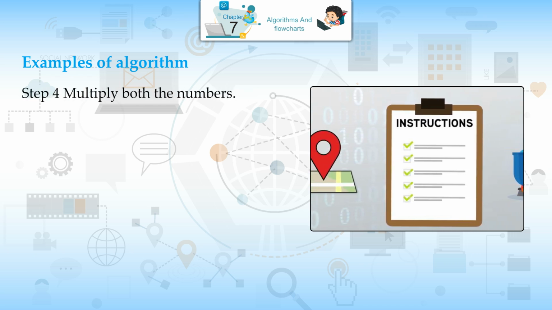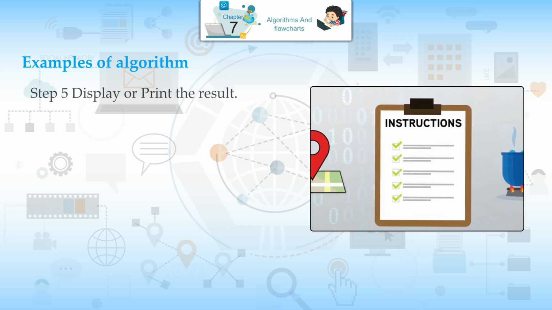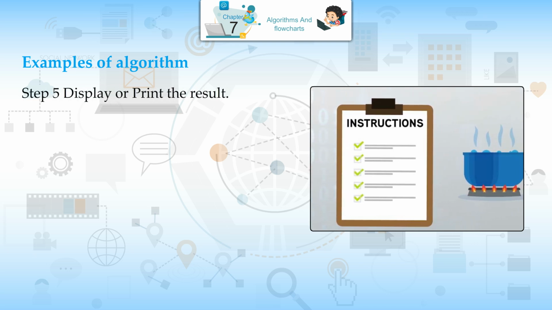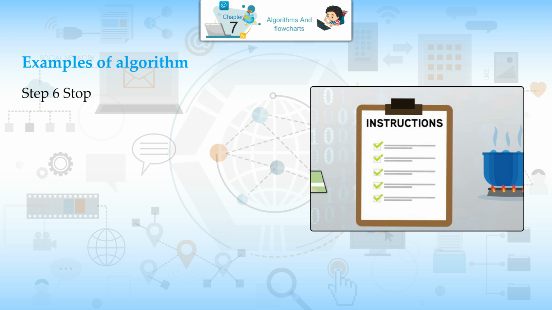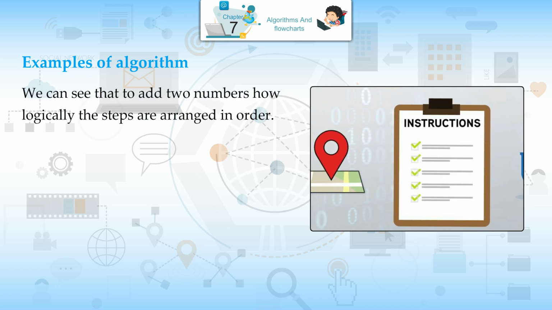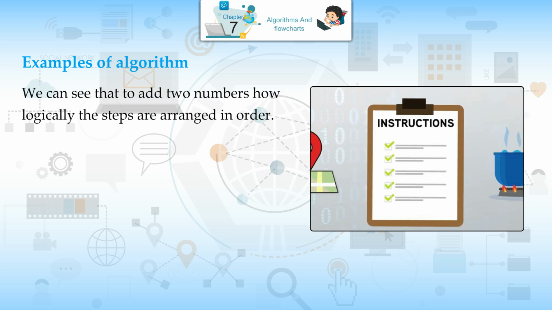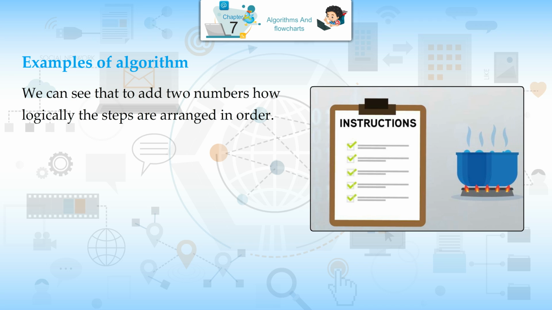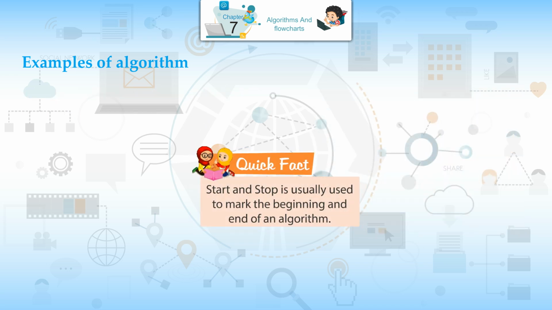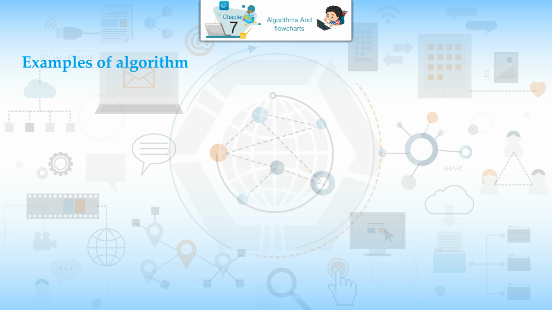Step 4. Multiply both the numbers. Step 5. Display or print the result. Step 6. Stop. We can see how logically the steps are arranged in order. Quick fact: start and stop is usually used to mark the beginning and end of an algorithm.